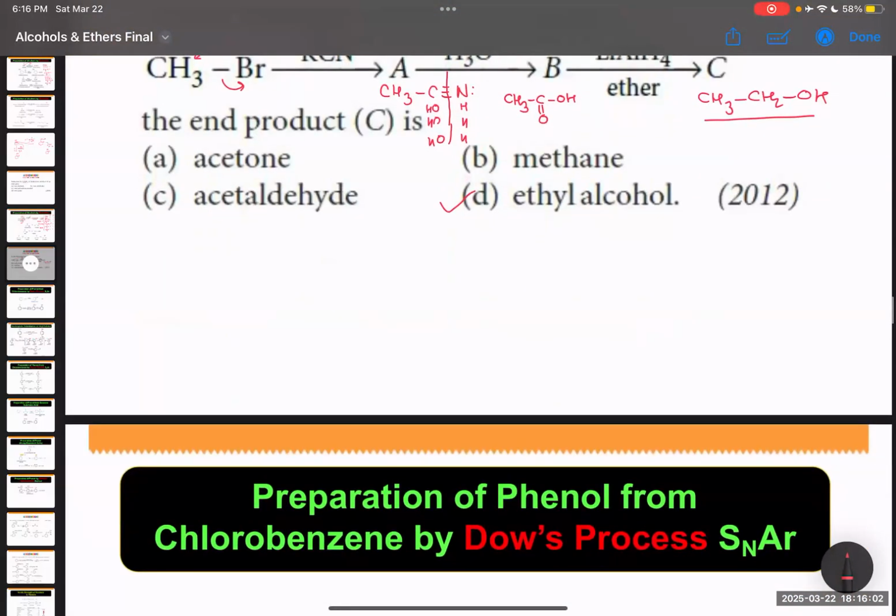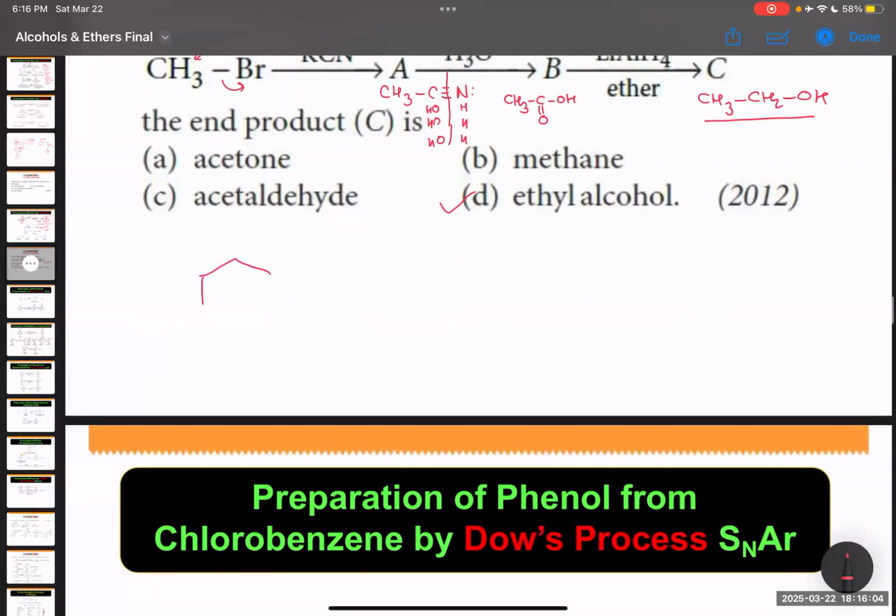Just one more thing. Suppose if you take this molecule, let's do one more question. Got it? What product you are going to get if you react it with LiAlH4?